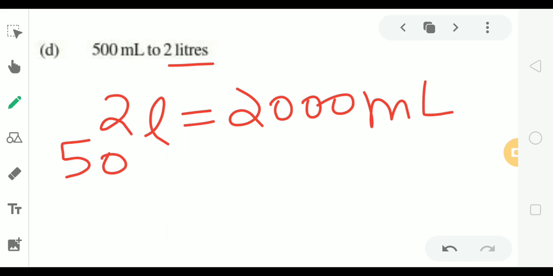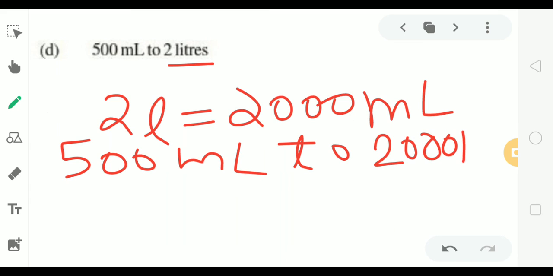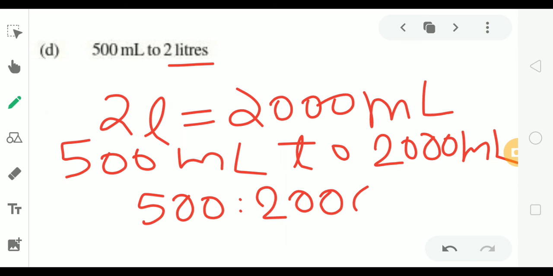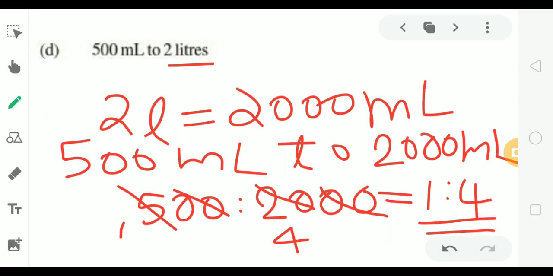So we write it as 500 ml to 2000 ml. Now we compare it. 500 is to 2000. Common zeros we can cut. Now 5 and 20 is there. Both in the 5 table, 5 one time, 20 four times. So the ratio is 1:4. 1:4 is the ratio in the simplest form.